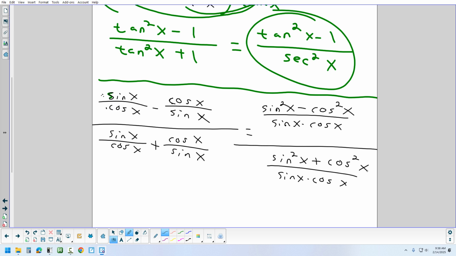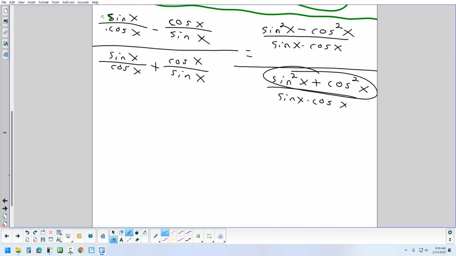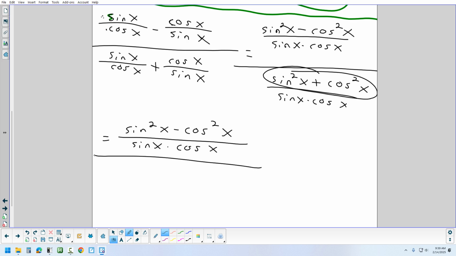Okay, the only place I see something kind of good happening is this sine squared plus cosine squared. What does that turn into? 1. Okay, that turns into 1. Don't like the top. That's not looking great. So it's sine squared minus cosine squared over sine times cosine, all over 1 over sine times cosine.